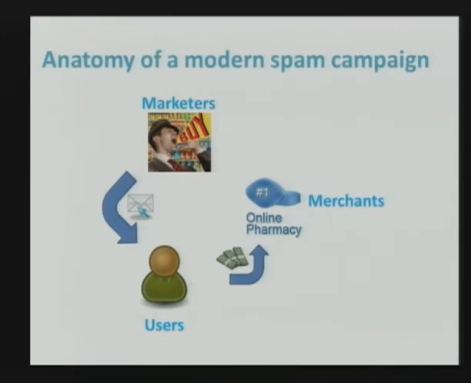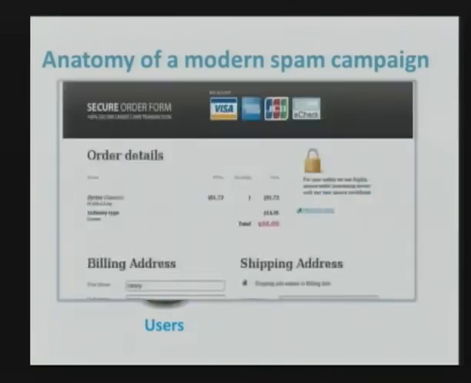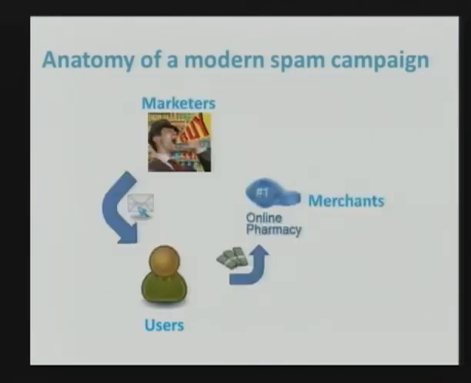So there's actually this third player, the merchants, who are in charge of receiving the payments, receiving the traffic that the marketers have created, and then actually taking the credit card transactions for those end users. Their core competency is actually fulfilling those orders and then paying out the business expenses of running this spam-based merchant business, this economy here.